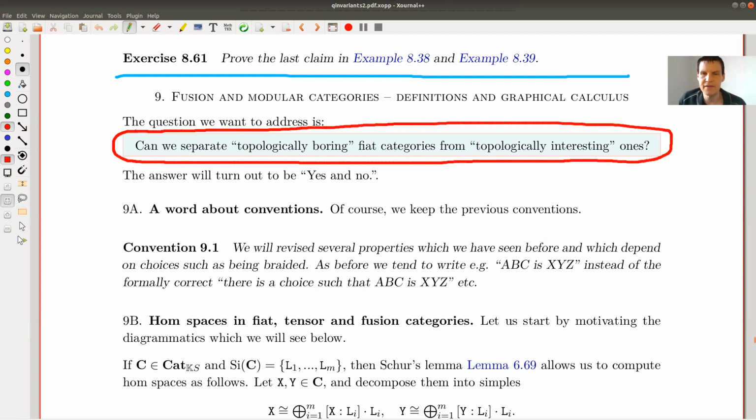There are a lot of those categories, and some of them are really good to get the general theory to work, but they might not be really interesting to calculate, let's say, topological invariants using them. It's of course not as easy, right? Life is never as easy as that, but in some sense we can.